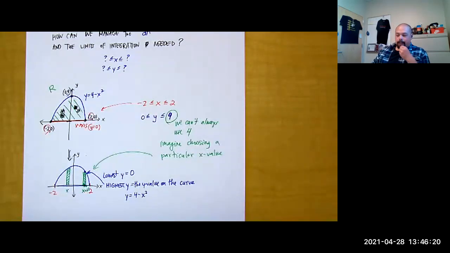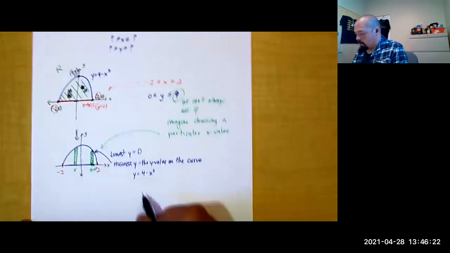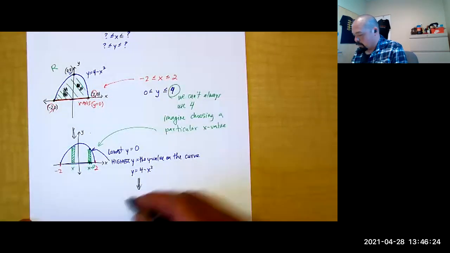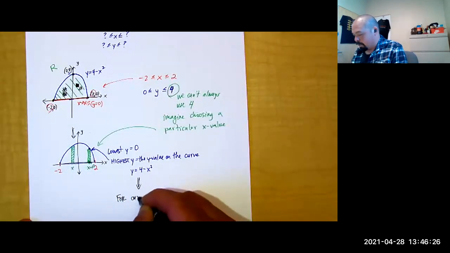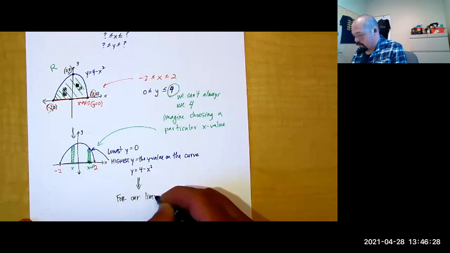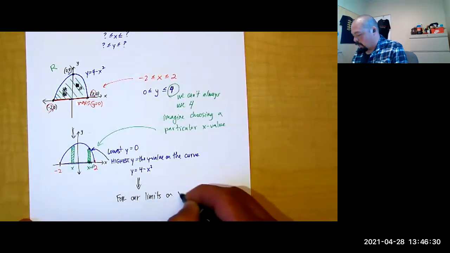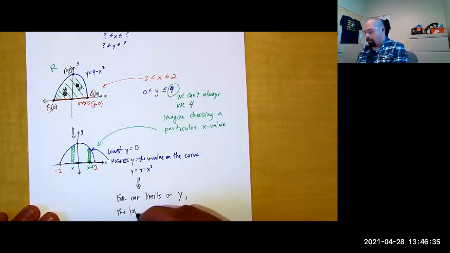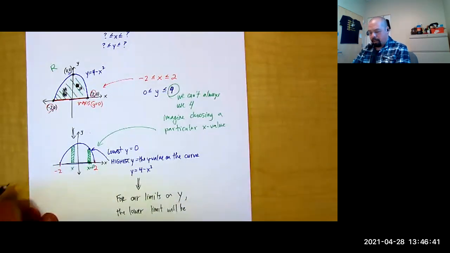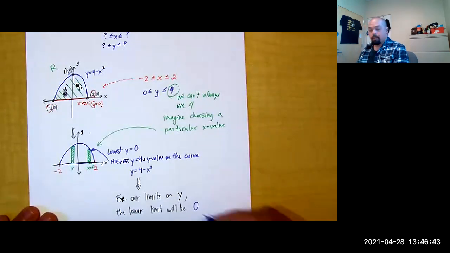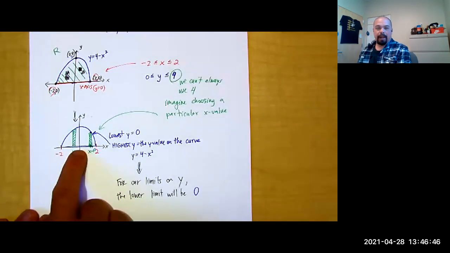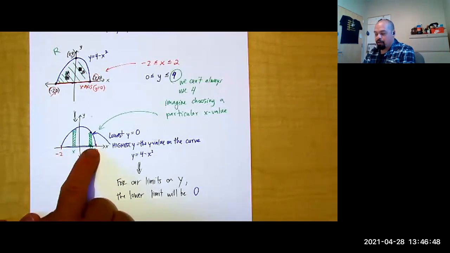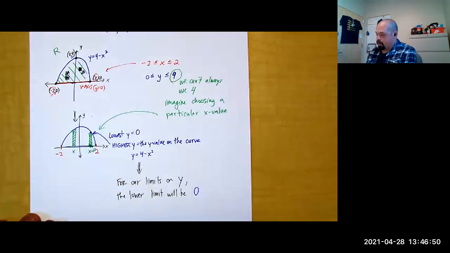So for our limits on y, the lower limit will be 0 still. It does not go past that, and each of those rectangles I drew started there.